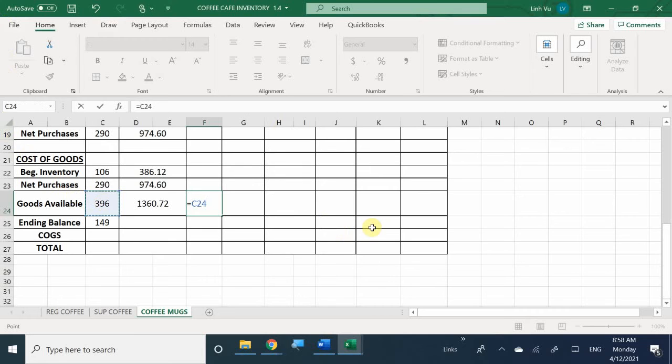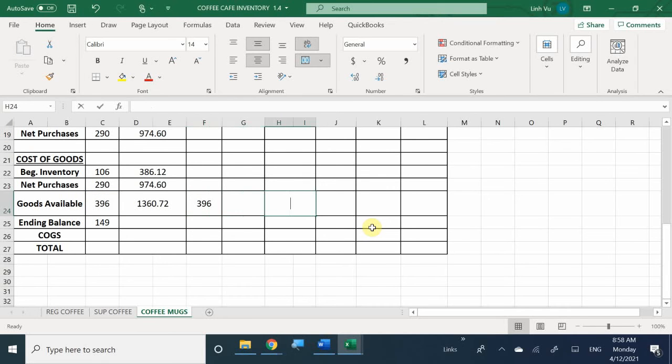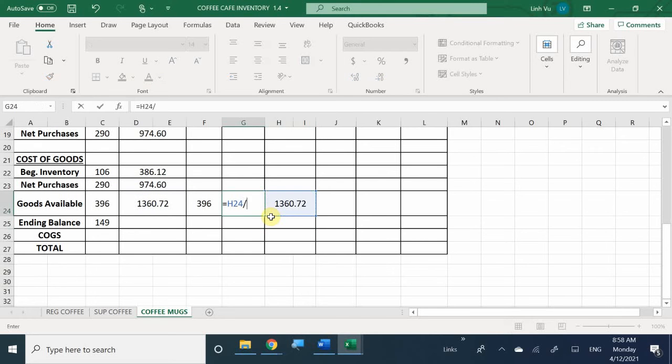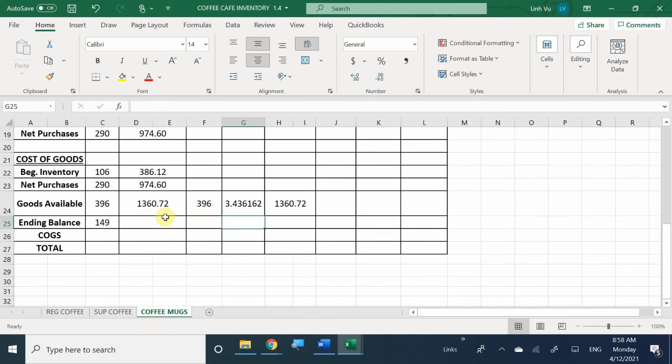If I have 396 available at a total cost of 1306.72, what is going to be my average cost per item? $3.44, or 3.43 and so on and so forth.